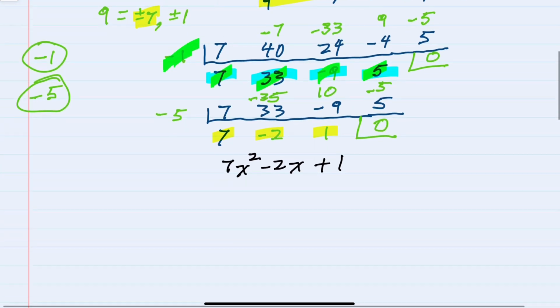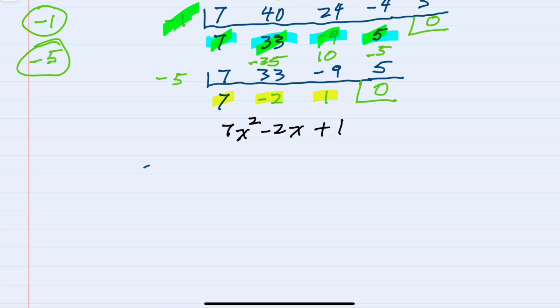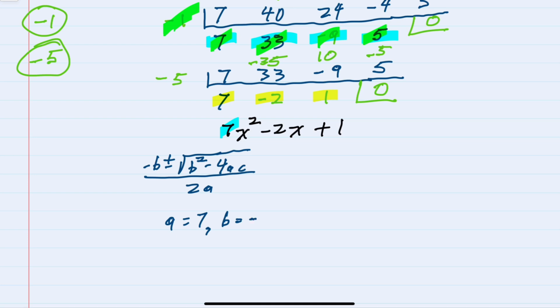So moving up here, the quadratic formula says negative b plus or minus the square root of b squared minus 4ac all over 2a. Here, our a is 7, our b is negative 2, and our c is 1.